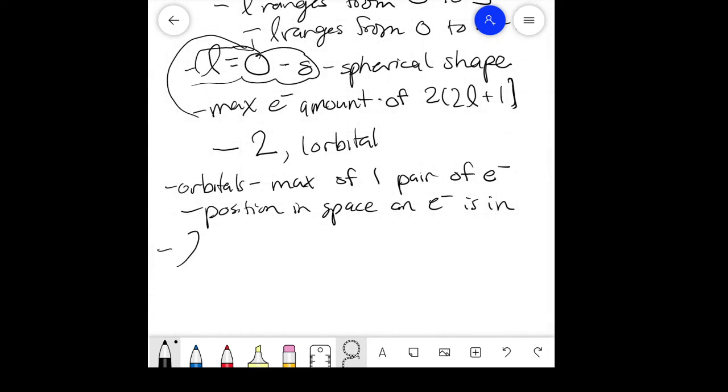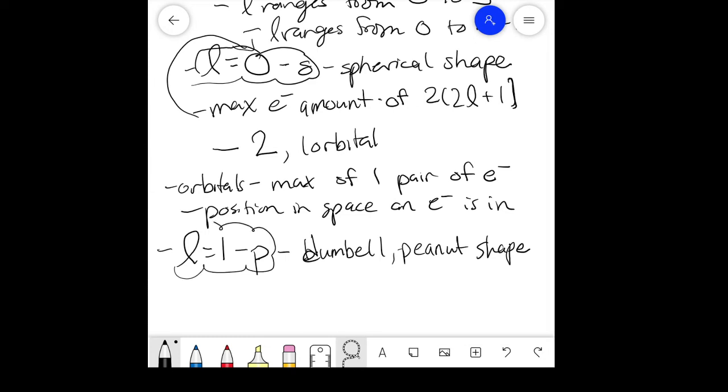So then you have L equals 1, and that's your P sublevel, and it has what books call a dumbbell shape, which doesn't really make a lot of sense. You've seen what these look like. I like to think of it as a peanut shape because it starts with P, and that's kind of what it looks like. It looks like an infinity too.